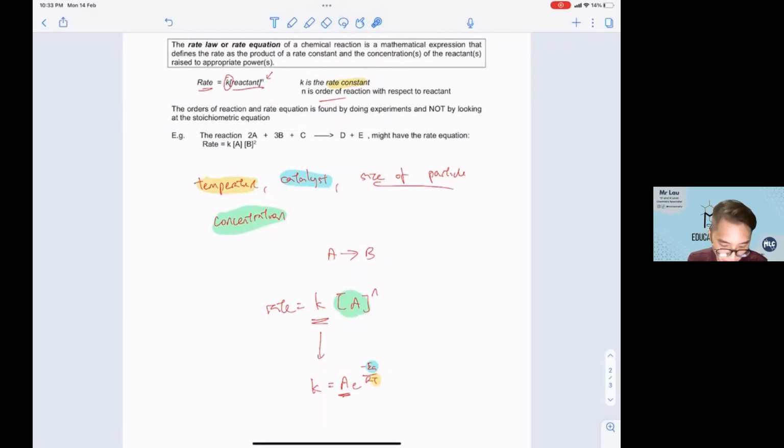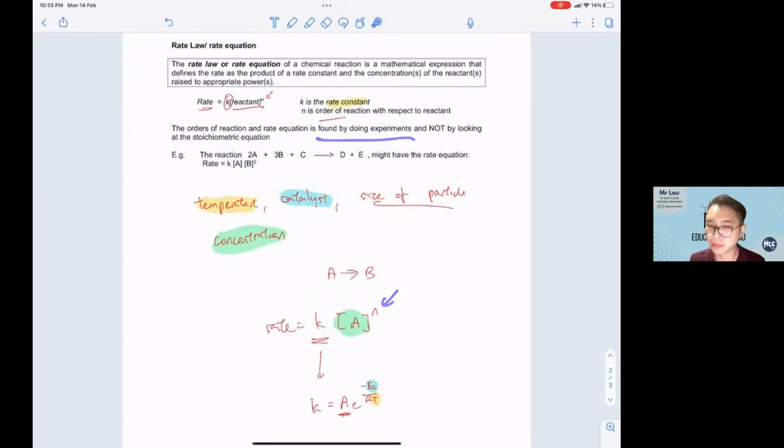Now, what about the order of reaction? This order of reaction is found by doing experiments. We will talk more about this in the next video series. It's found by doing experiments, and it's not by looking at your stoichiometric overall equation. In other words, an equation like this could have a rate equation that is dependent on A and B squared.